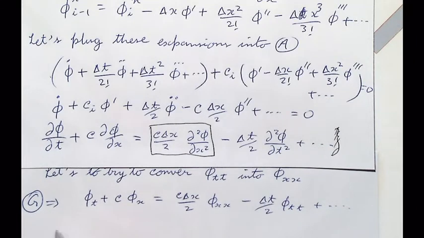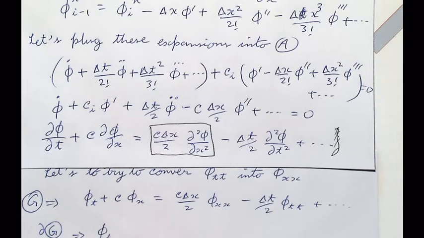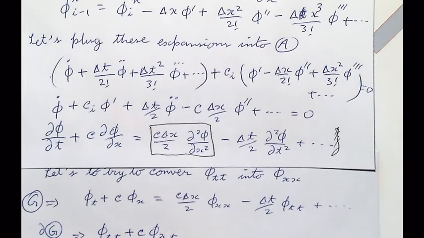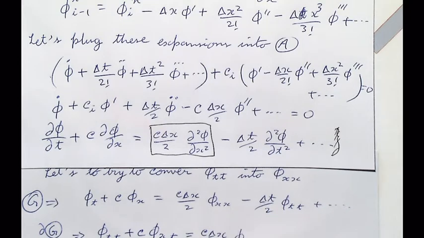Okay. And if we take the time derivative of this, we get phi dt plus c phi xt. I'm assuming the c is constant here. Phi xxt minus delta t over 2 phi e dt.